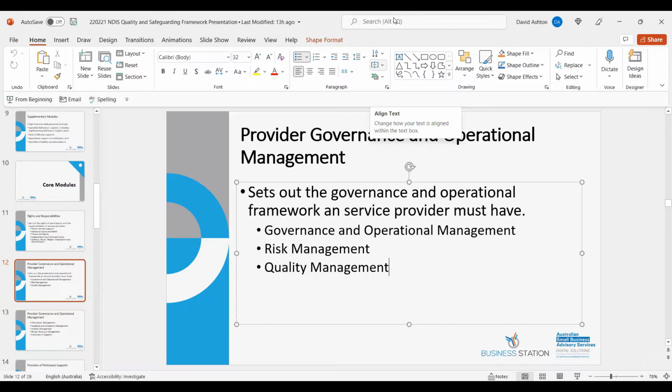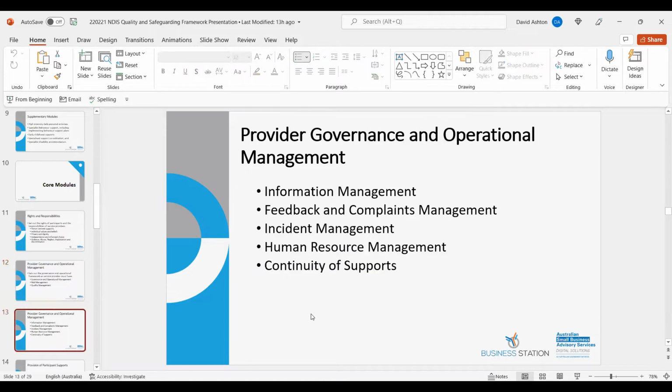Then you've got to have some other requirements around the core modules. So information we've talked about, feedback and complaints. Incident management is the other one. So what happens if an incident or an accident happens to your client?